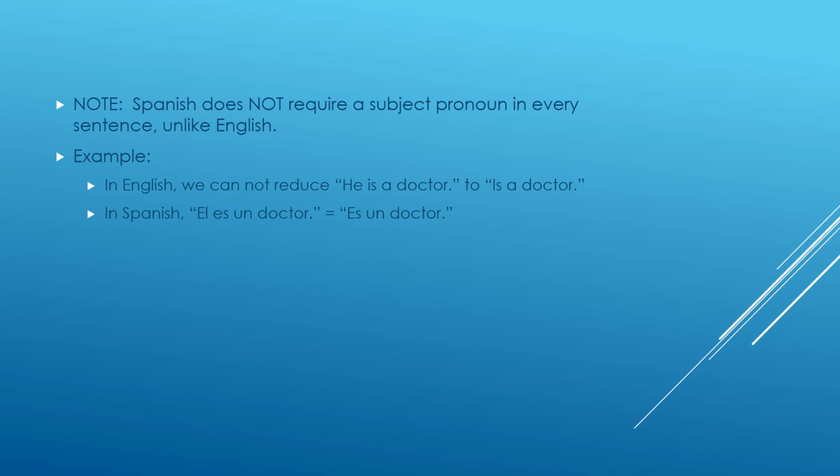So we just add the él for extra emphasis so that we know who we're talking about, but it's not always necessary. So because the verb implies he is, the verb es, you don't necessarily need the subject pronoun in every Spanish sentence. A lot of times it's used to make it very clear who you're talking about in a sentence.